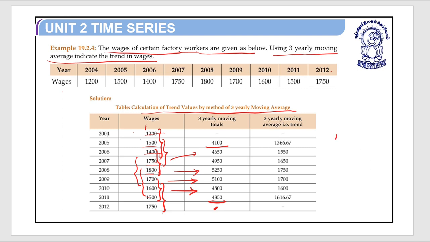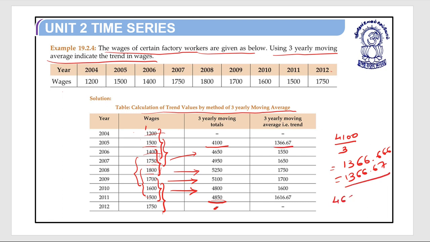For the 3 yearly moving average, divide by 3. 4100 divided by 3 is 1366.67. Okay.